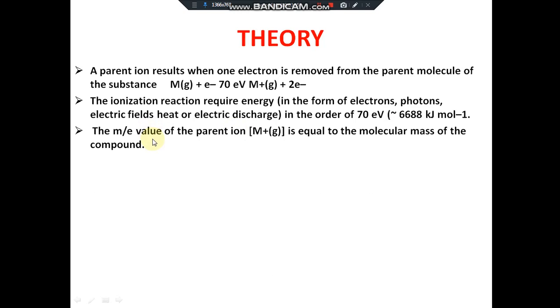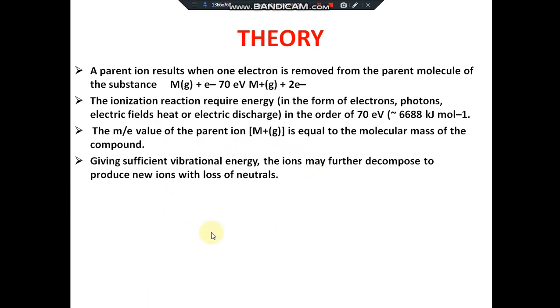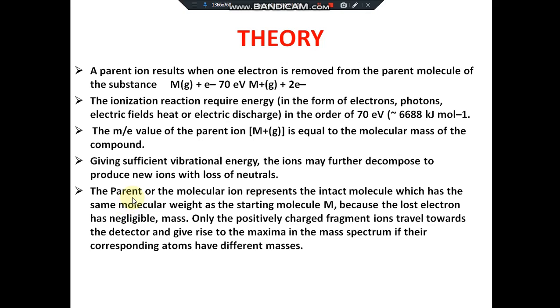The m/e value of the parent ion is equal to the molecular mass of the compound. Given sufficient energy, this molecular ion further decomposes to produce new ions. The parent or molecular ion represents the intact molecule which has the same molecular weight as the starting molecule M, because the electron that is lost has negligible mass.